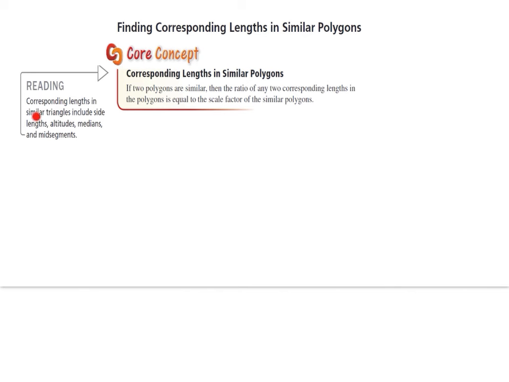So if we're looking at similar triangles, it would include side lengths, altitudes, medians, mid-segments. So any part of any figure counts when you set up your proportion statements, in addition to figuring out your scale factors.